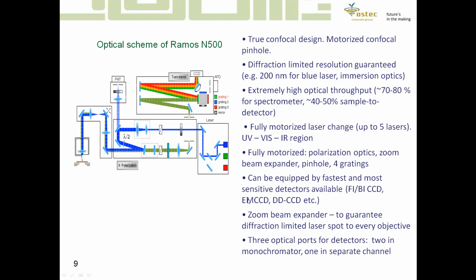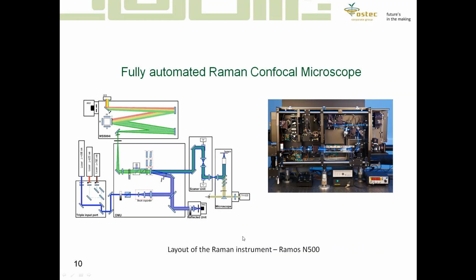Also, it can be fast EM, electron multiplied CCD, or deep depletion CCD, or sometimes you need to cover visible range plus infrared range, and in this case it is possible to combine two CCDs in a single spectrometer and switch between them by this rotatable mirror. And up to 3 detectors can be used in spectrometer channels. And this is a fully automated confocal Raman microscope, the model called Ramas N500.